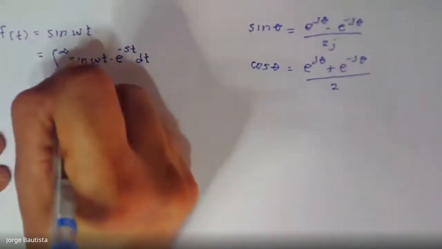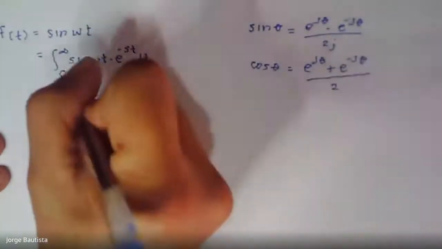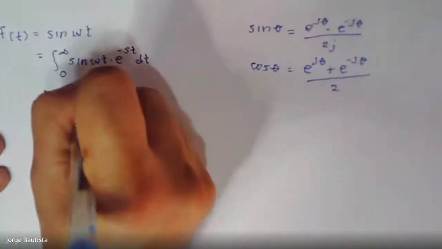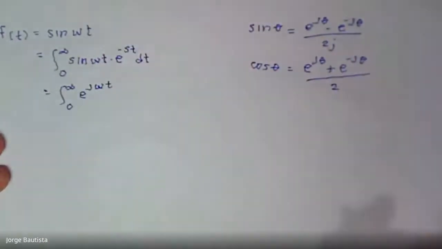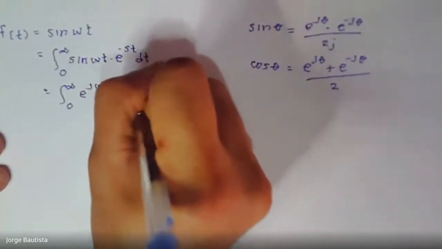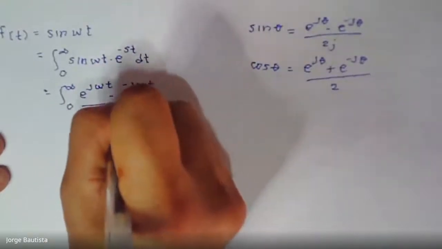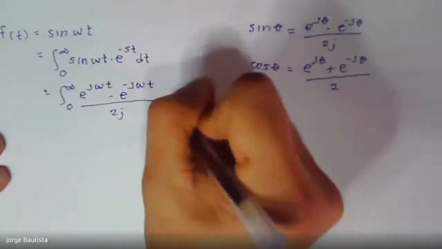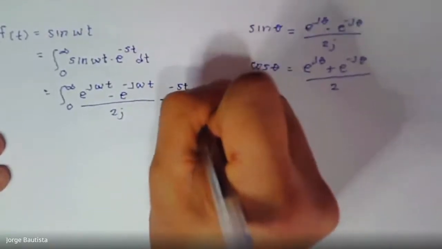So that is the integral from 0 to infinity of e raised to j omega t minus e raised to negative j omega t all over 2j, multiplied by e raised to negative st dt.